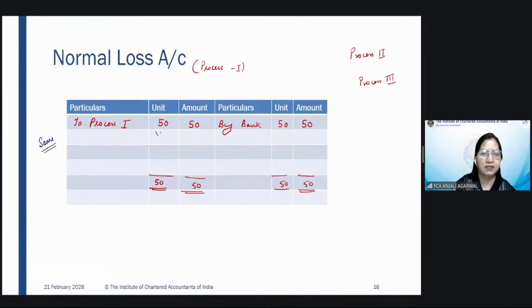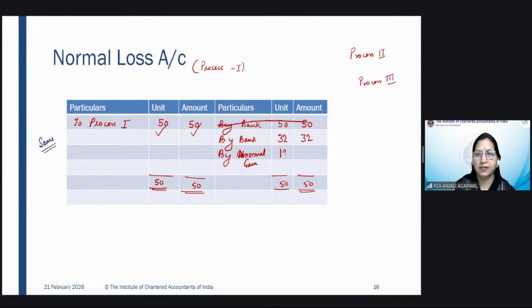Okay. 18 is the loss, 189 minus 18. This will remain as it is, process 1, 50 units at the rate of 50. But bank will not be 50. It will be by bank, 32 units are only sold for 32 rupees. So how do I balance it? By costing P&L or by abnormal gain account.